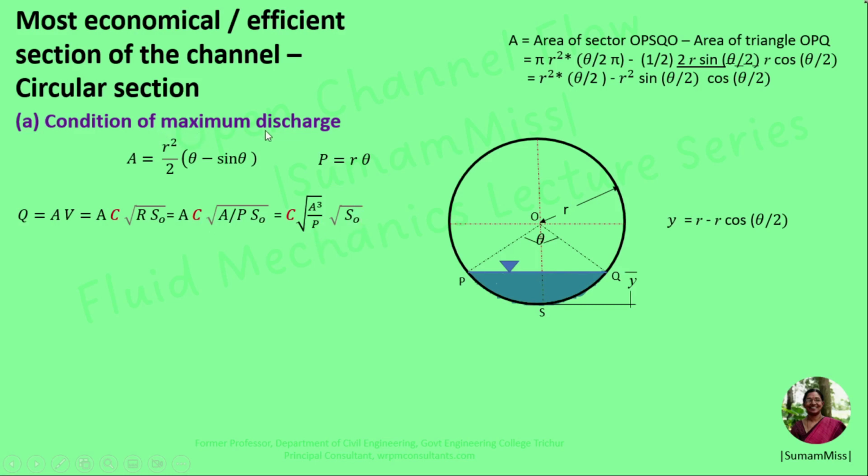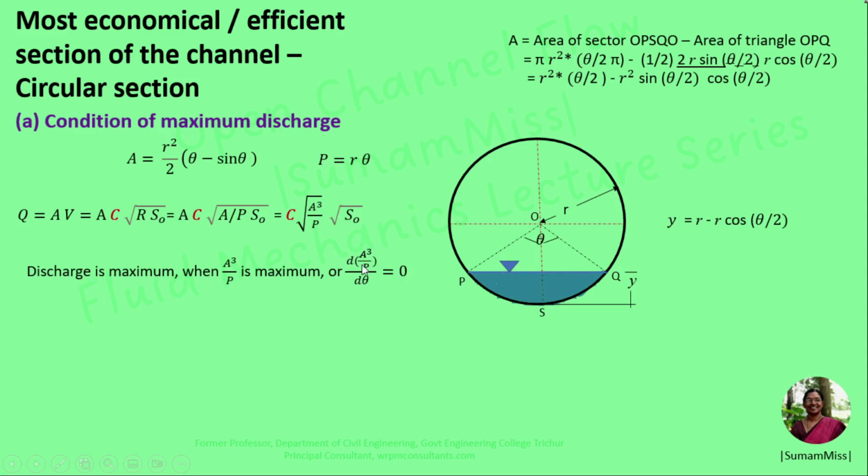So for the condition of maximum discharge, you have to differentiate this expression with respect to theta and equate it to 0. For maximum discharge condition, A cube by P is maximum, or differential of A cube by P with respect to theta is equal to 0.